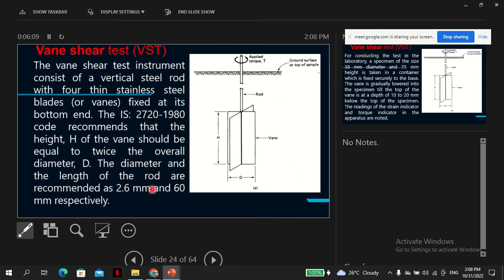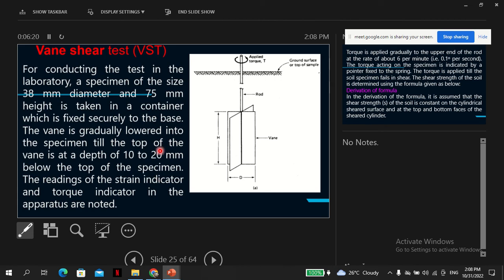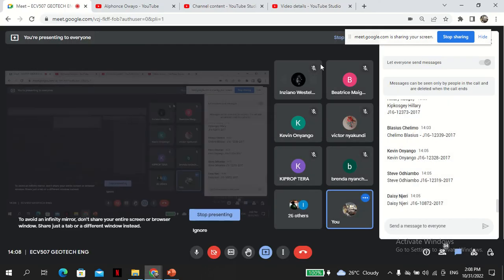The diameter of the rod and the length of the rod are recommended at 2.6 and 60 millimeters respectively. So for conducting the test in the laboratory, a specimen of size 38 by 75, 38 being the diameter. So you can see here the ratio 1 to 2 for a sample in the laboratory.